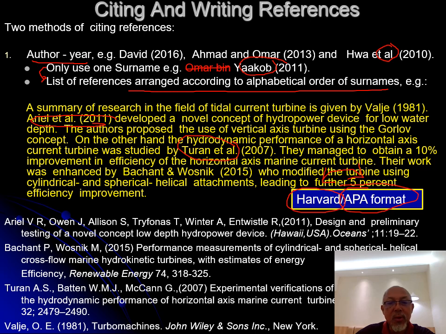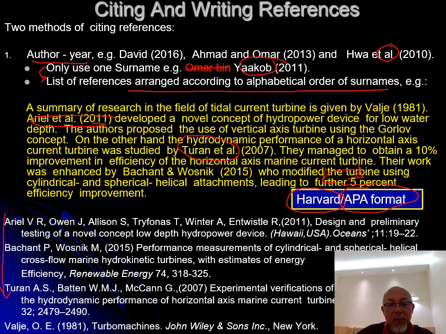When you have a paragraph with all the citations given in author year, the references are listed at the end of the article or thesis, not in order of appearance, but in alphabetical order. So although Valje appeared earlier, since V is at the end, Valje goes at the end.